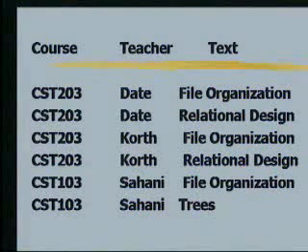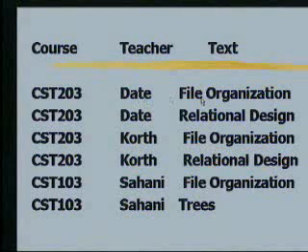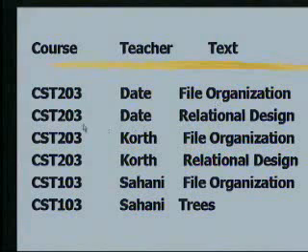Here CST 203, Date, file organization. So the information is like this: course CST 203 is being taught by Date and he is teaching the text file organization. CST 203 is being taught by Date and he also has to teach relational design.